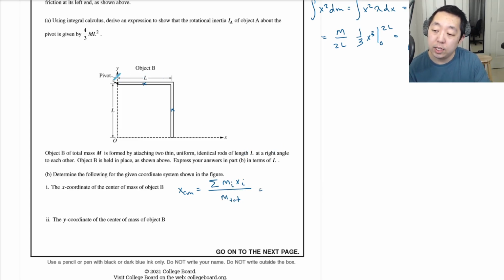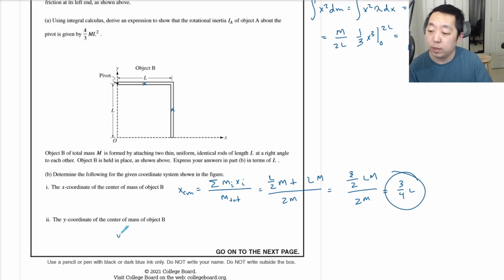This rod is located at L over 2, and has a mass of big M. Then this rod here has x coordinate L. With the x, I only care about the x coordinate, not the vertical position. That will matter for the y coordinate of the center of mass. It's located at x equals L, all its mass is distributed here, it has a mass m, and the total mass is 2m. So this is 1 plus 1/2, which is 3 halves Lm, divided by 2m, and that's going to be 3/4 L.